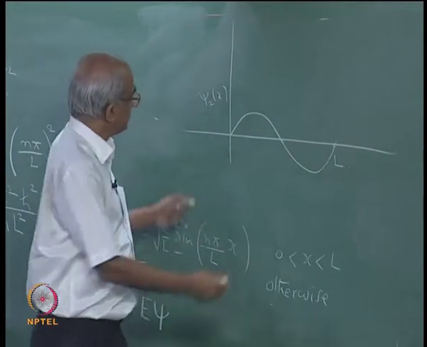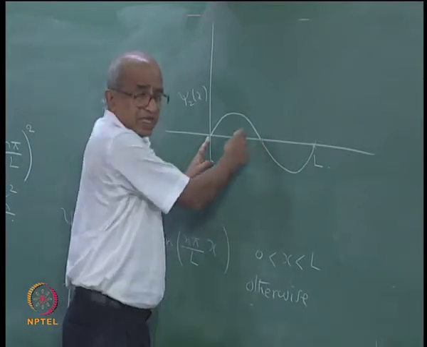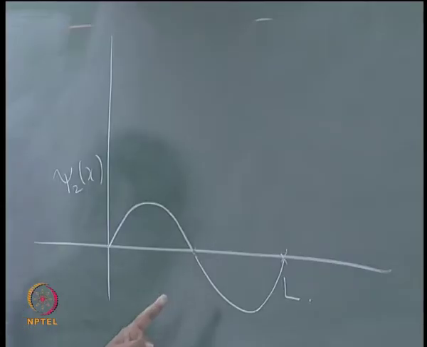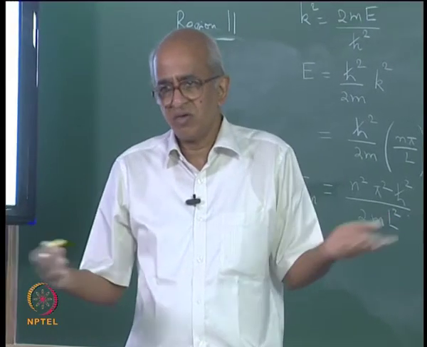So, in this range the wave function is positive, while in that range the wave function is negative. But as far as the square of the wave function, which is the probability density, is concerned, the square will always be positive.